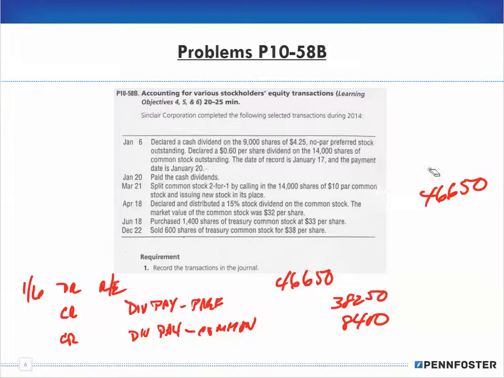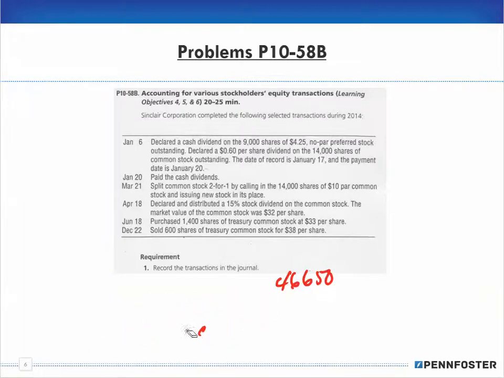So pause the video as I'm going to erase this journal entry. All right, so that's the declaration. And again, the more of these you do, if you have an idea of the overall concepts, the more of these that you do and you go back and revisit the theory, the easier it is to understand and then apply as new situations come up.